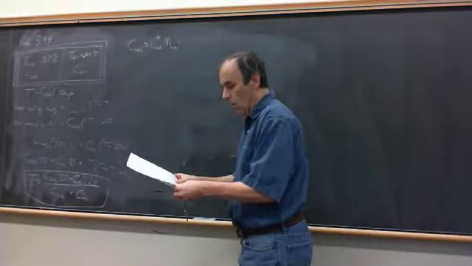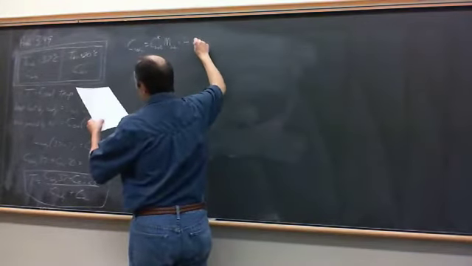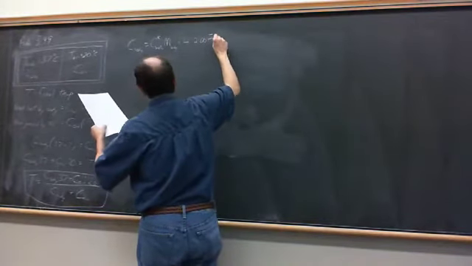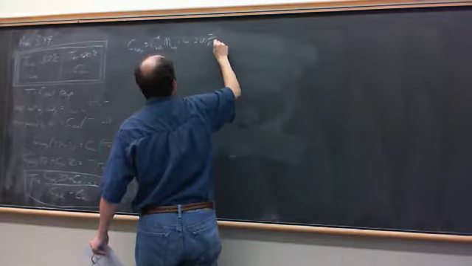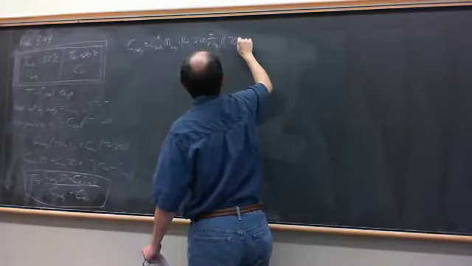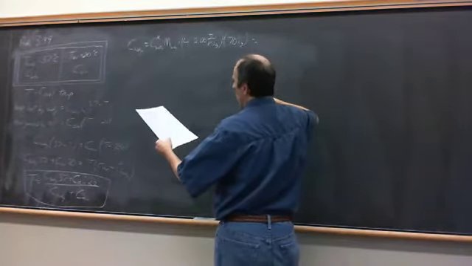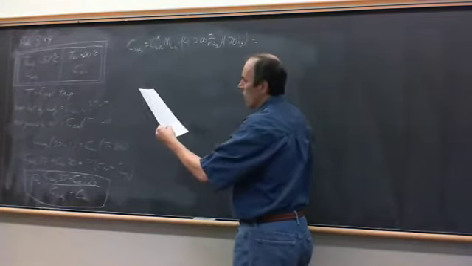Okay, so we found that the specific heat for water is 4,200 joules per Kelvin kilogram. And the mass we said was 70 kilograms. So that comes out to be, not right, this should be the specific heat.